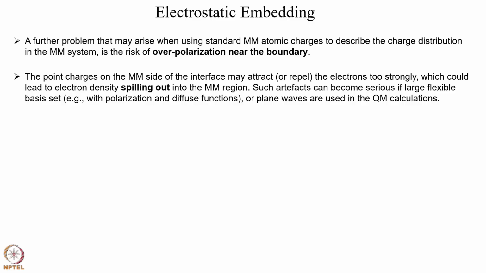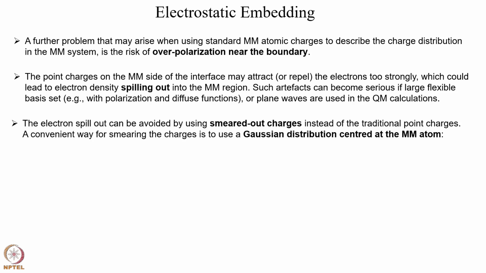When you set the boundary between the QM and MM regions, you are thinking that these two regions are physically separated. But when you use a very flexible basis set with a large number of polarization or diffuse functions, or plane waves, the tail of the wave function can get inside the MM region, which can lead to a physical problem.